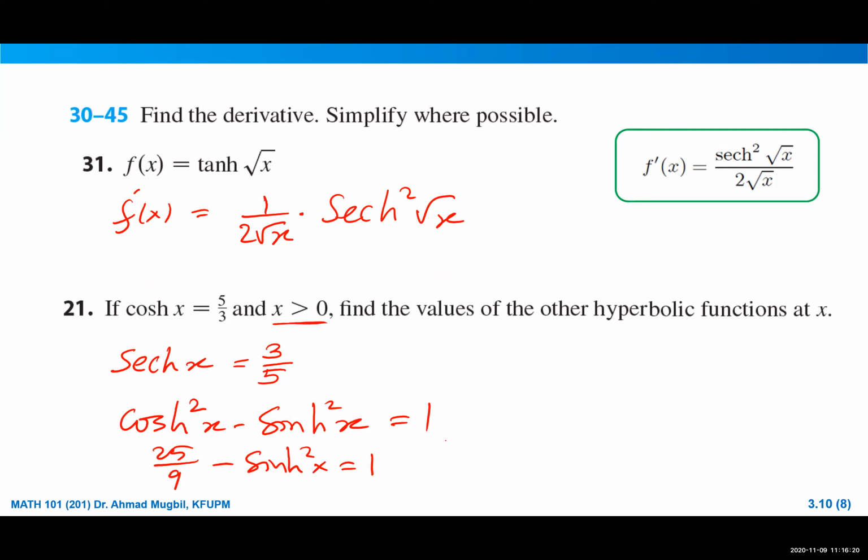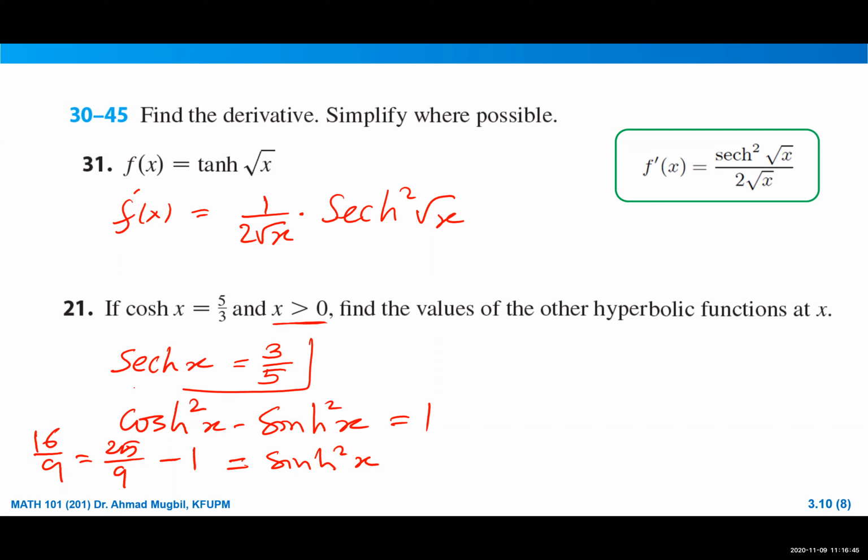Now, move sine to the other side, it will be easier. So sine hyperbolic squared x will be equal to 25 over 9 minus 1. What is it? 16 over 9.